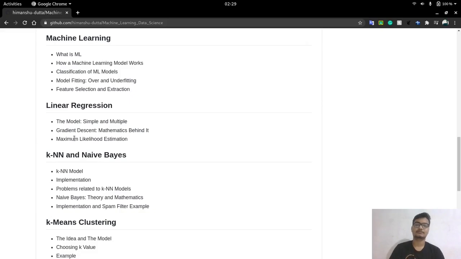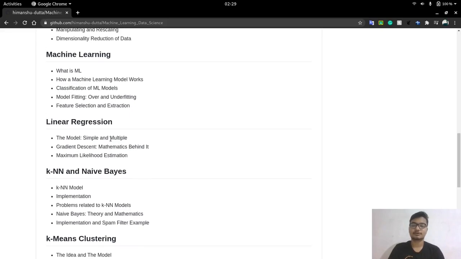After that, we'll see a very basic notebook on banknote classification. Since I've already shown you some examples of regression, I'll show you how the formula of a regression model can be used to make classifications as well, because the same basic formula can be applied to a classification problem.